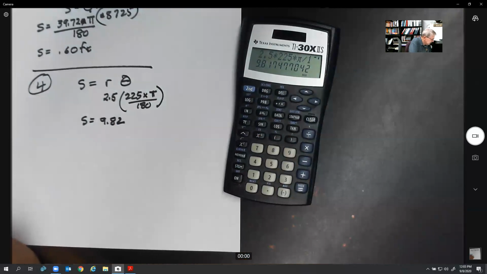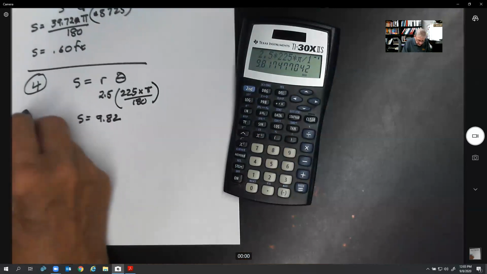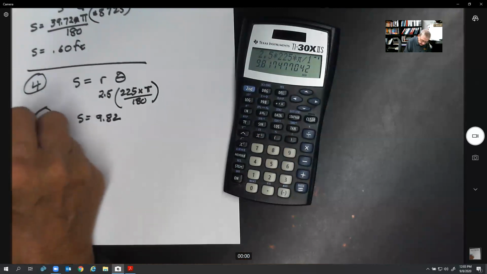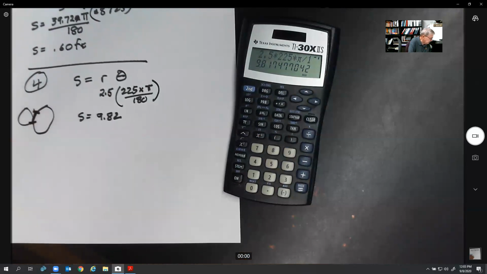Now it says we want to get the meeting of the two circles. I guess you've got this gear here and this gear here, and we're trying to find this distance right here where they're meeting.